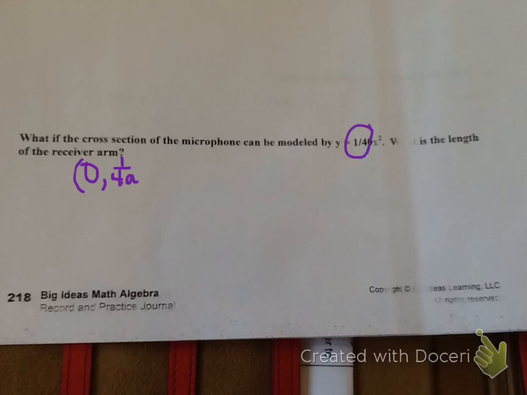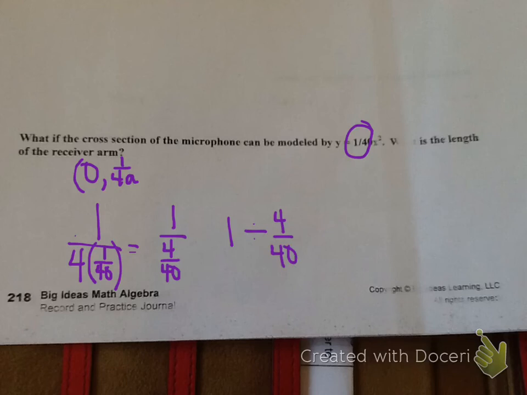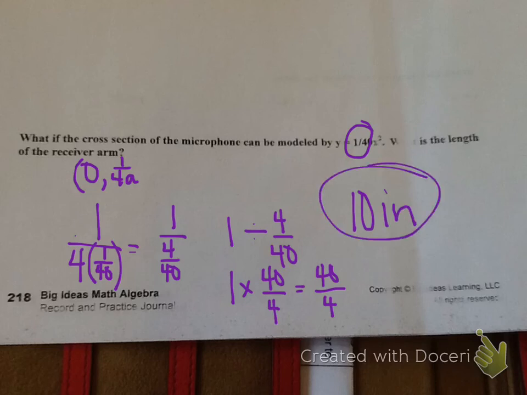I fill in my a value, so 1 over 4 times 1/40th, or 1 divided by 4/40ths. Which would be 1 times 40/4, which is 40/4, and 40 divided by 4 is 10. So in this case, the receiver arm would be 10 inches long.